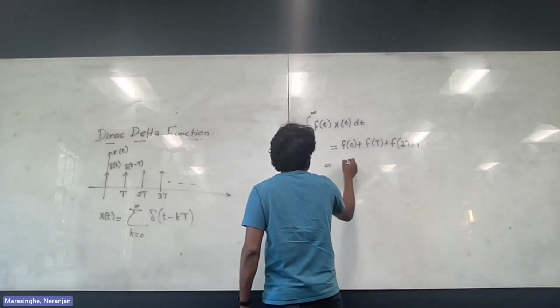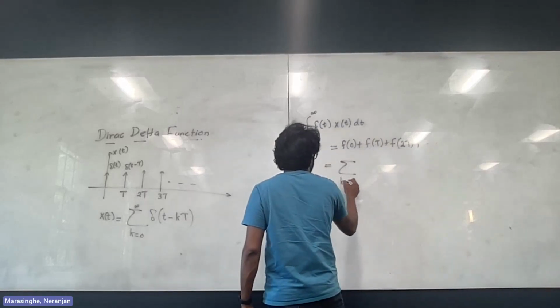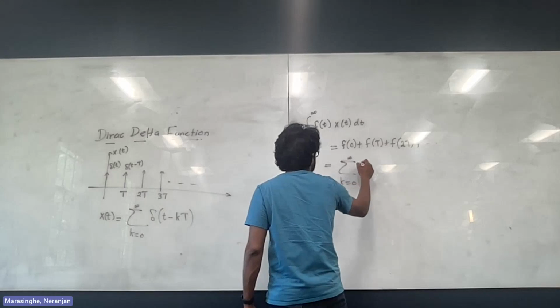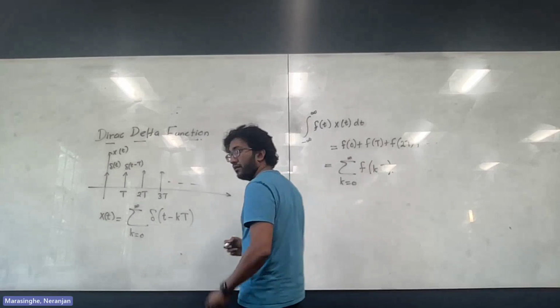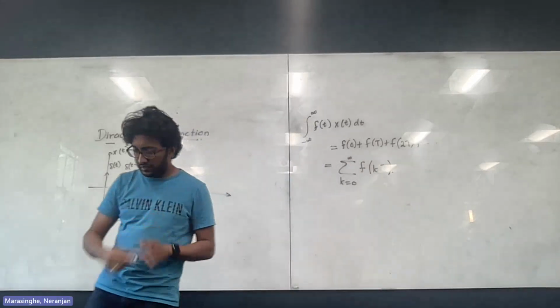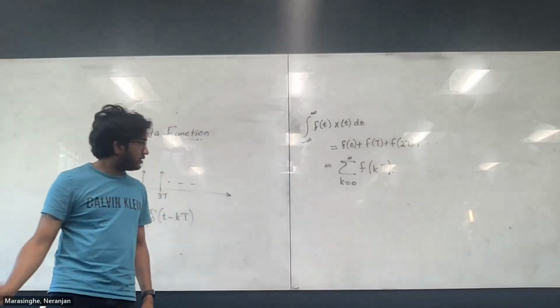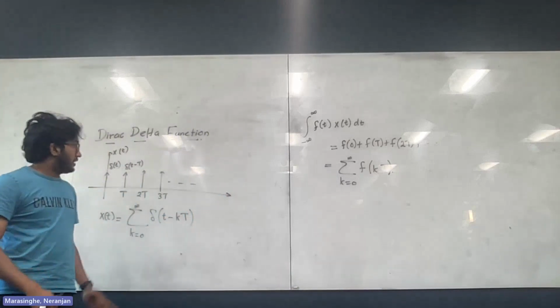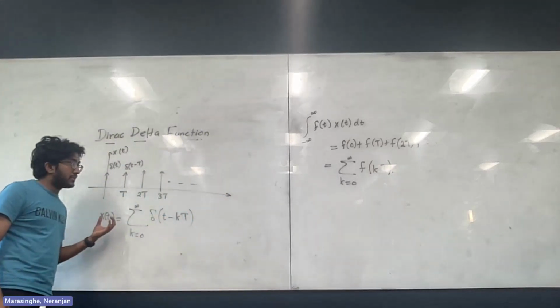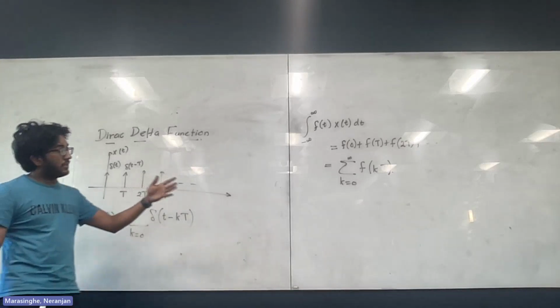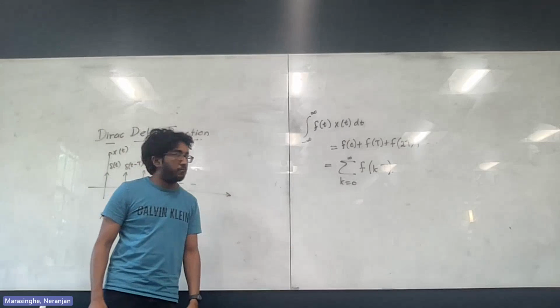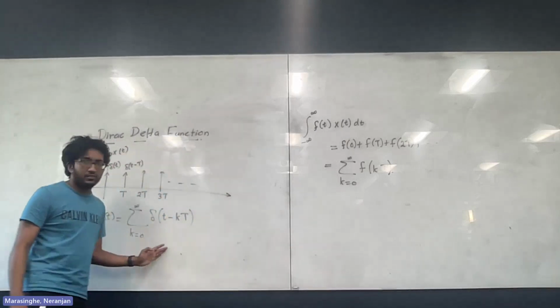So I would get the summation, k goes from 0 to infinity, of f(kT). Instead of multiplying by one impulse, I took the impulse train and considered the integral. Any questions so far?